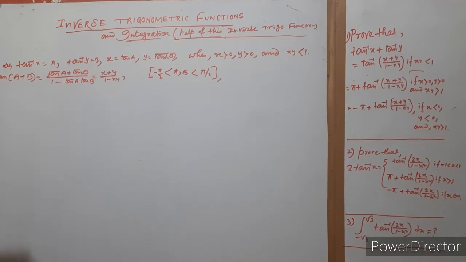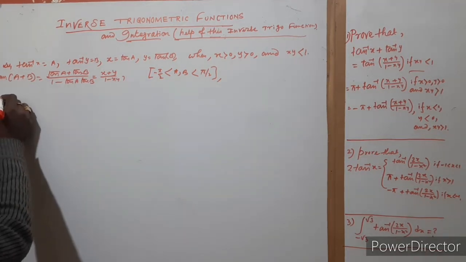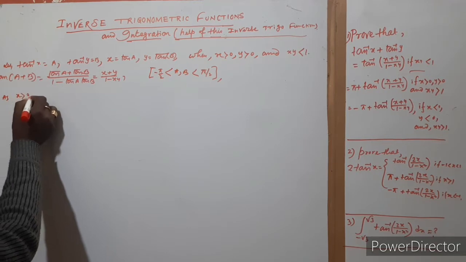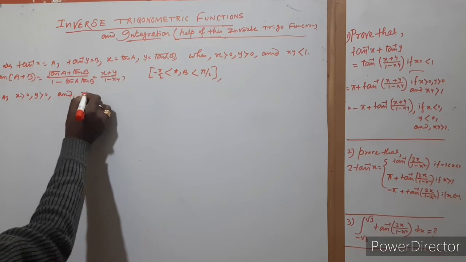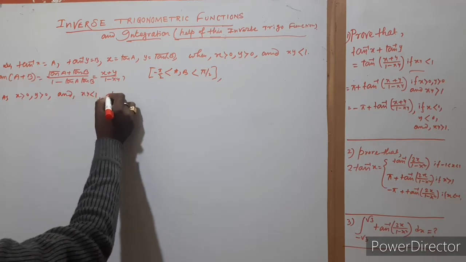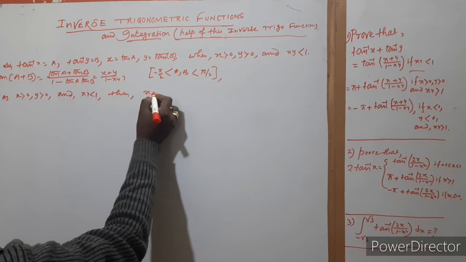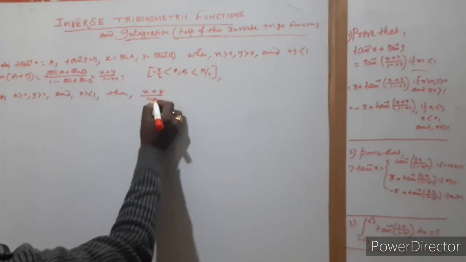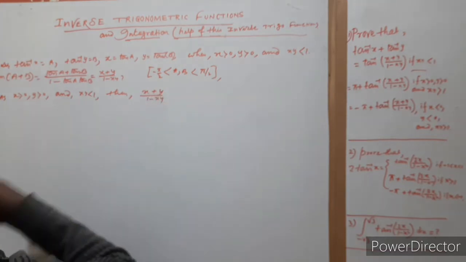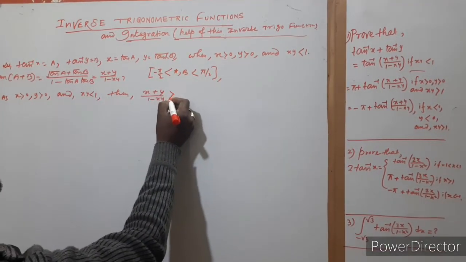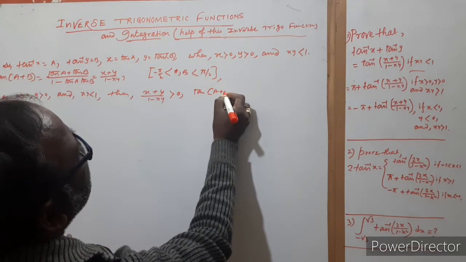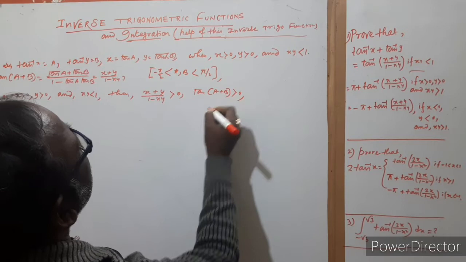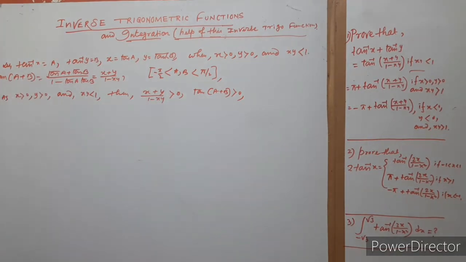So see, as x is more than 0, y is more than 0 and xy is less than 1, then x plus y by 1 minus xy is positive, since 1 minus xy is more than 0. Therefore tan of a plus b is more than 0.